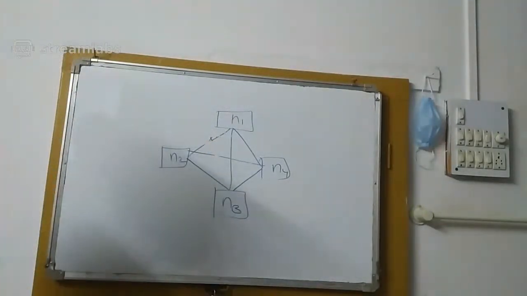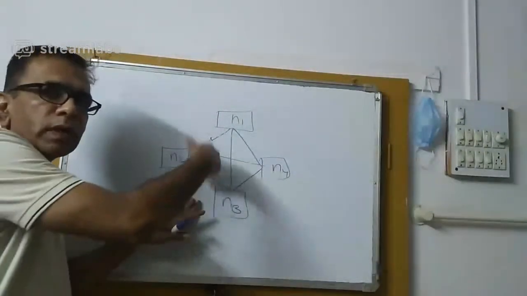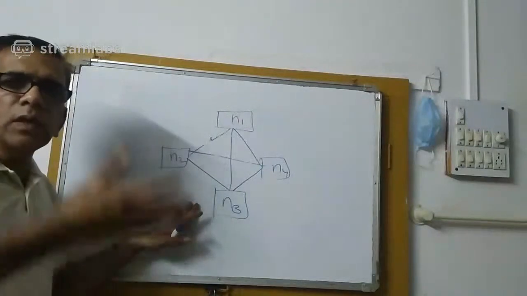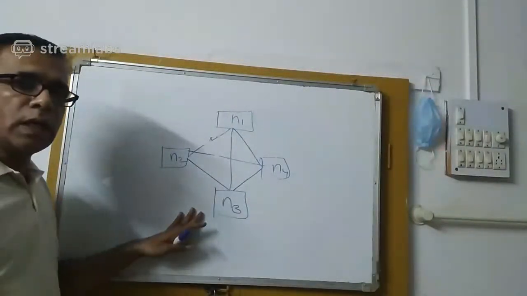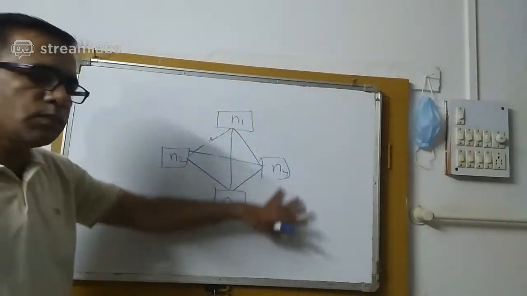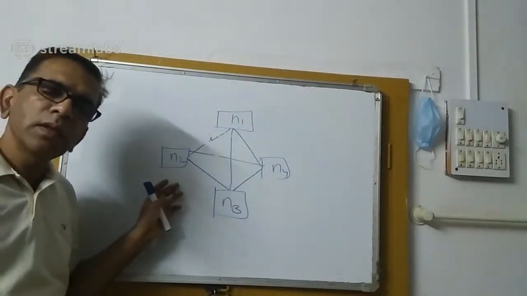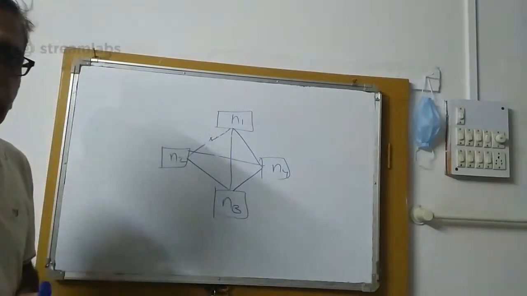Major disadvantage, you see, is the number of connections. You need a huge number of connections. It is complicated to create that type of system as the number of systems increases. If you have a smaller number of nodes, you can have this mesh topology, which will work better.